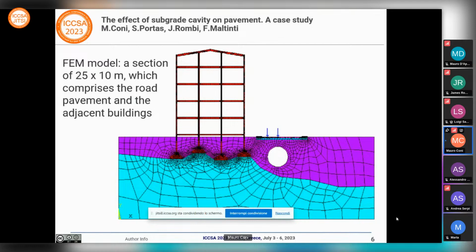In our research, we developed a finite element model of a section of the street and buildings near the street. The section is about 25 by 10 meters deep, considering the material of the embankment supported by the rock soil.